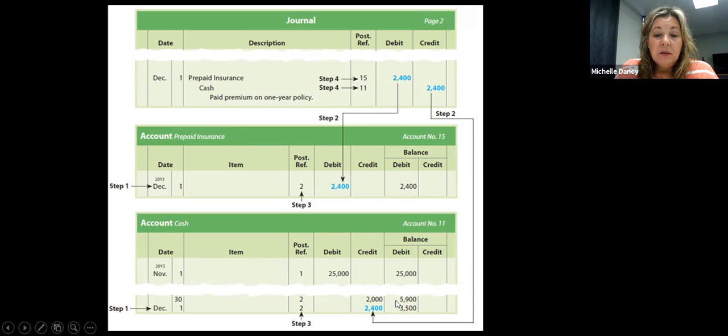Well, right here, the balance immediately before this entry was $5,900, a $5,900 debit, which is a positive, and my posting for this entry was a $2,400 credit, which is negative. So 5,900 minus 2,400 gives me a new balance of 3,500.